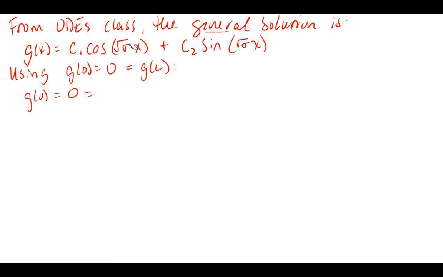Cosine of 0 is 1, so I'd get C1 is 0. Okay, I'm getting a little nervous now, because of course that's what kind of happened in our silly case. So if C2 also turned out to be 0, I'd be in trouble, because once again I'd be in a situation where I'd say, so my mystery g has been the 0 function. Ugh. Okay, but that's not going to happen.